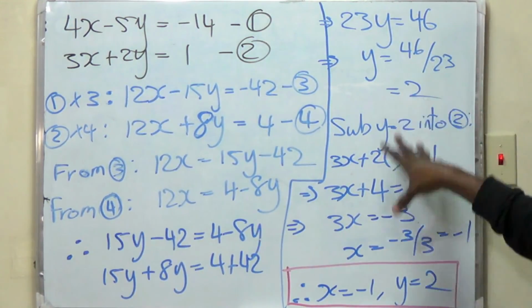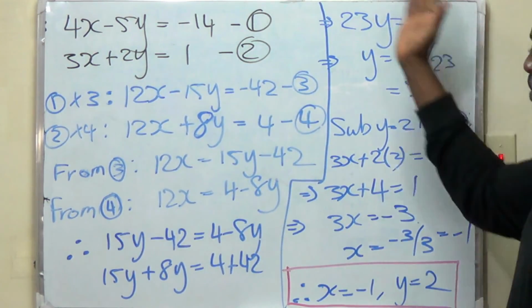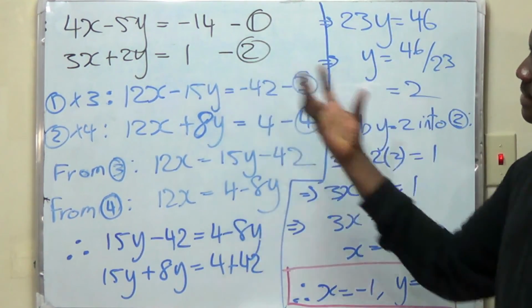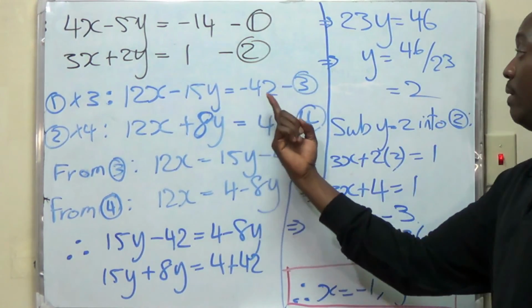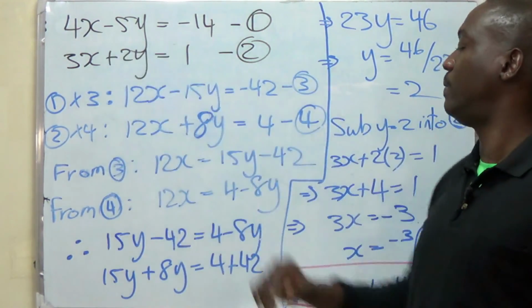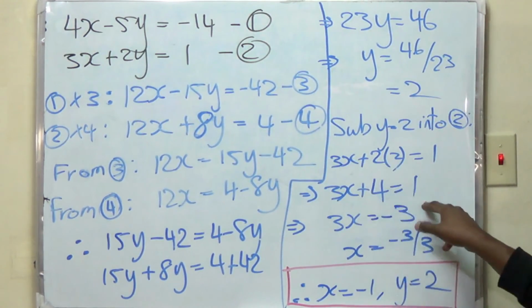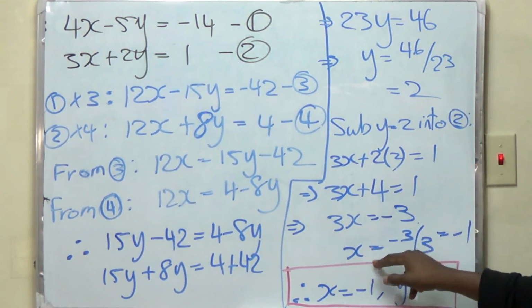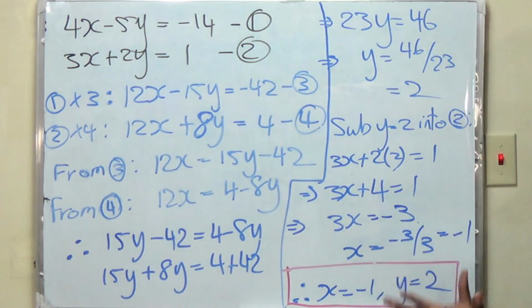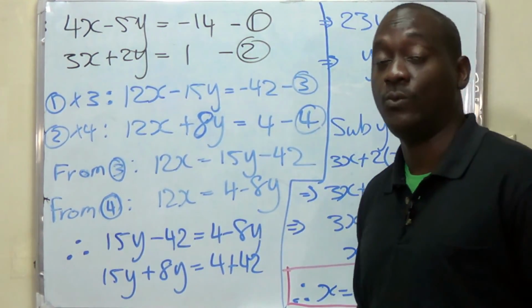And then when you get y is equal to 2, you substitute it back into the simplest equation of these four, which in this case is equation 2. And when you substitute, you end up with 3x plus 4 is equal to 1, 3x is equal to minus 3, x is equal to minus 3 by 3, x is equal to minus 1, y is equal to 2.